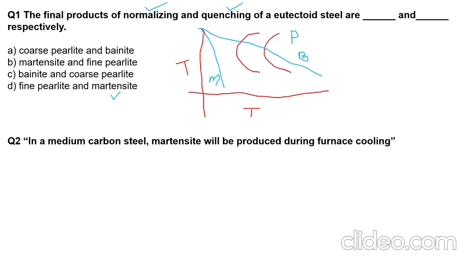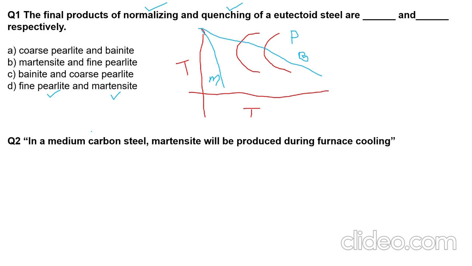And for normalizing, your option is fine pearlite, because if you would have gone for furnace cooling, you could have found pearlite, but that pearlite would have been coarser pearlite. So normalizing gives you fine pearlite, and martensite is the option for quenching.